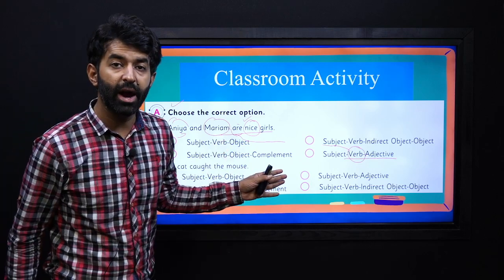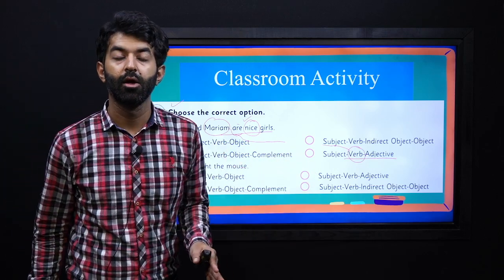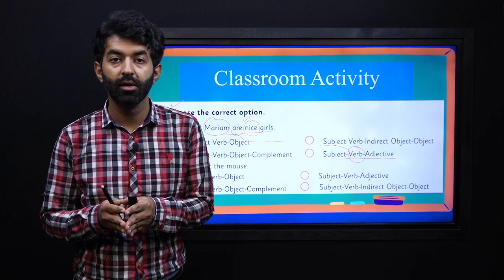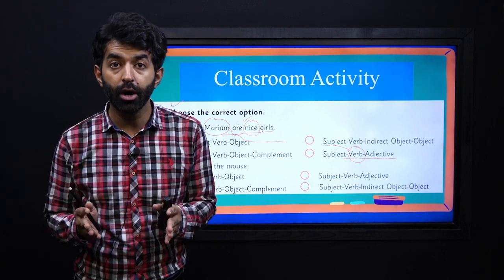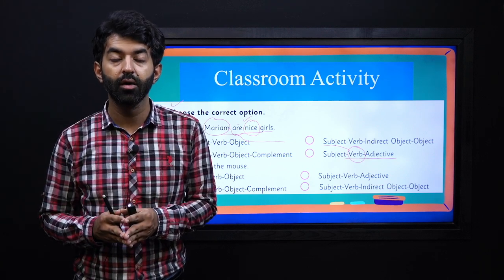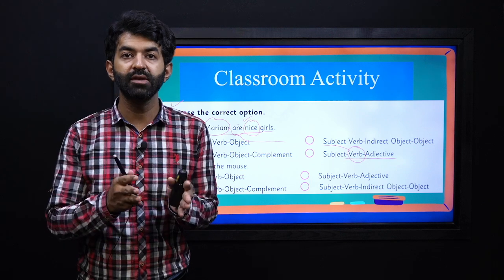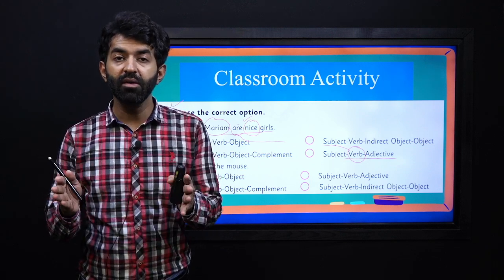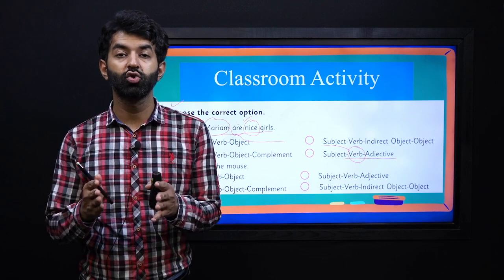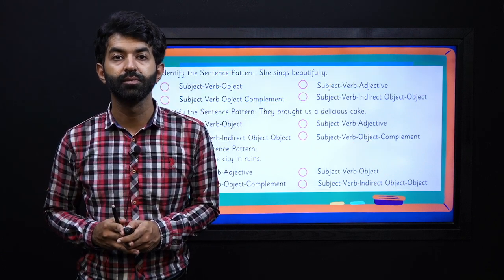The sentence pattern for this sentence is S, V and A. Because we have subject, we can have two subjects. We had our verb in the form of are, which is a helping verb, and then we have the adjective nice. So S, V, A, this is our sentence pattern. In the same way, you can recognize and choose the best answer from these multiple choice questions.